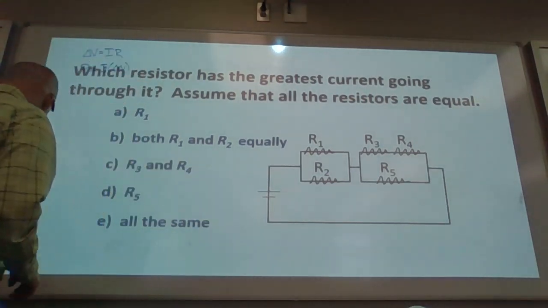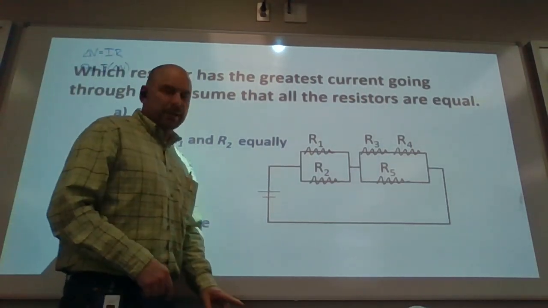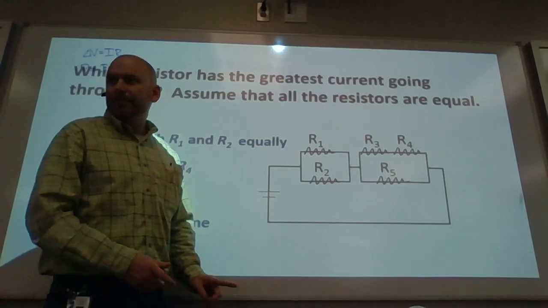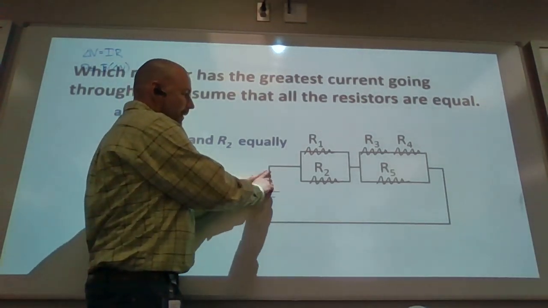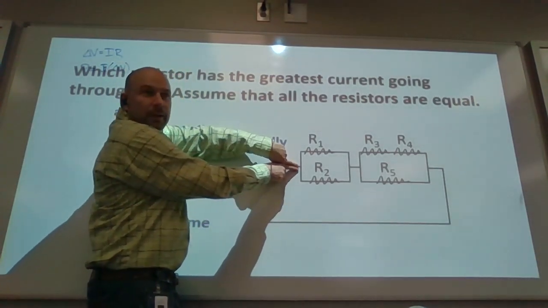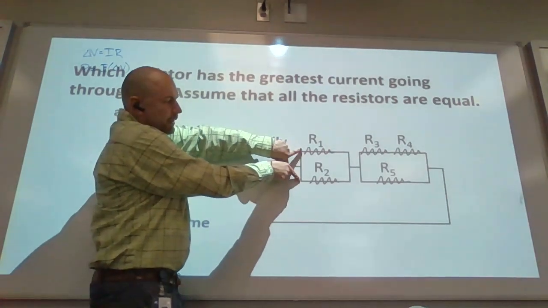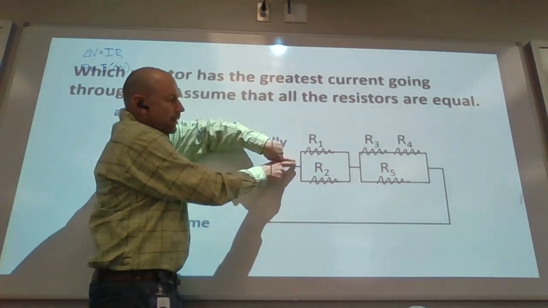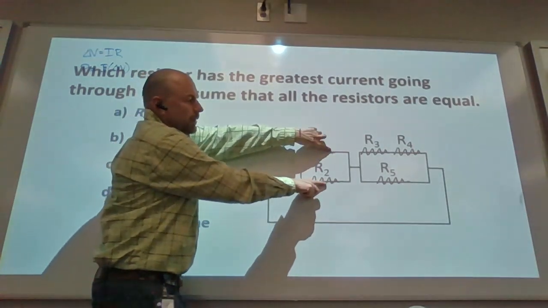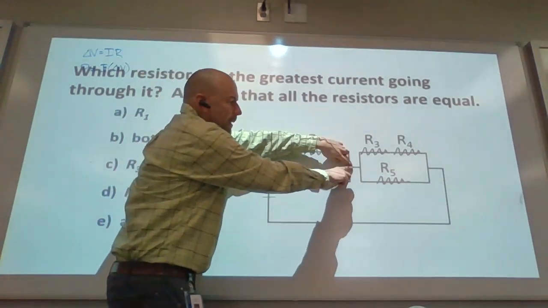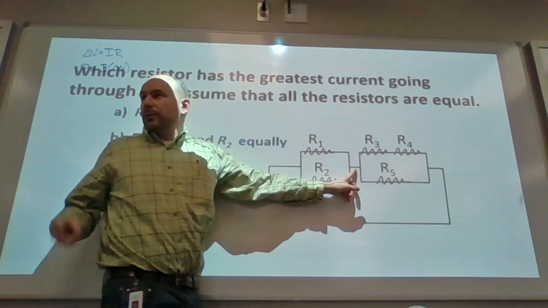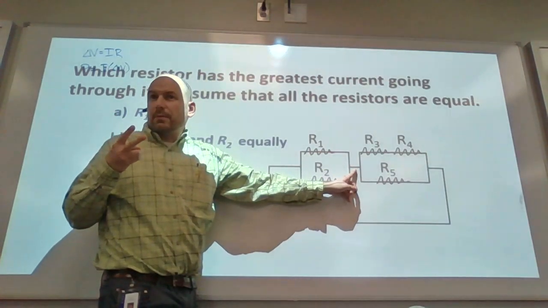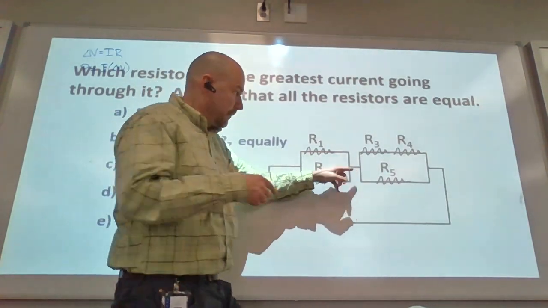Okay, so there's a certain amount of current, we'll just say 2 amps just to keep things simple, coming out of here. At this point, that 2 amps splits equally because they have equal resistance. 1 amp's going this way, 1 amp's going this way. It comes back together, and in this wire there's 2 amps, because of the junction rule.